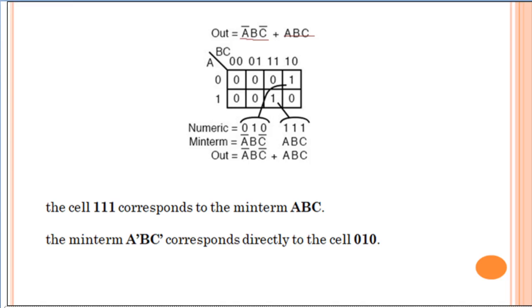That means we have to place 1 in the place 0 1 0, and for the second term, 1 1 1, we place 1 in that particular location. The cell 1 1 1 corresponds to the min term of ABC, and a bar b c bar corresponds directly to 0 1 0.